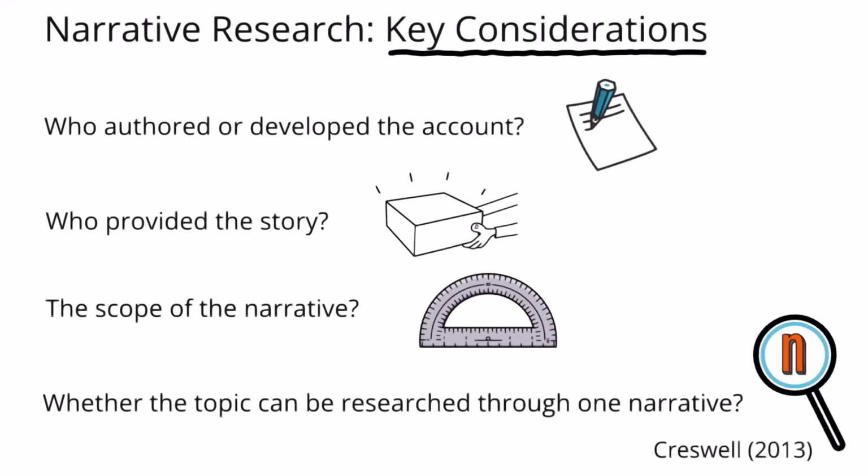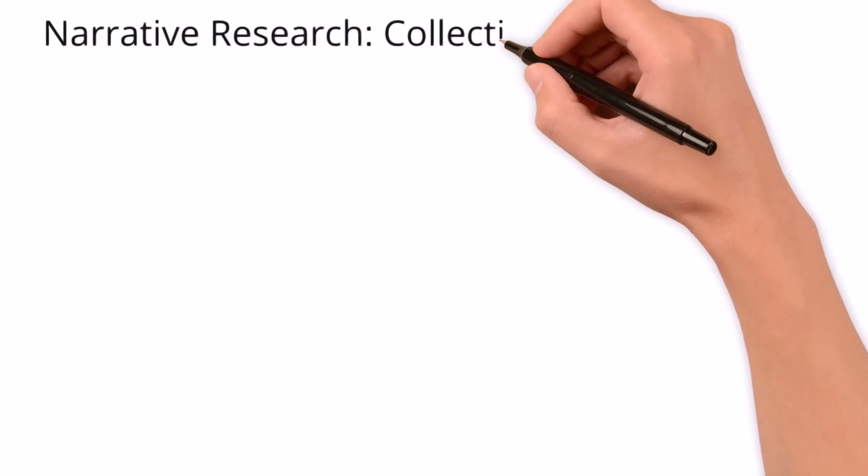So key considerations include: who do we need to talk to to get the required information, and how many stories or narratives do we need, and from who and how many people?